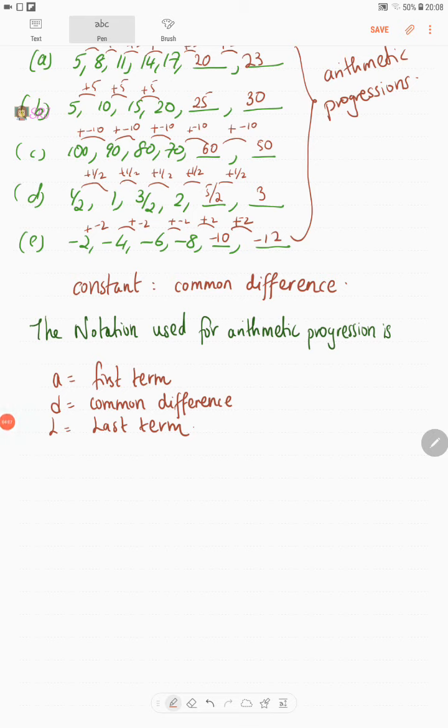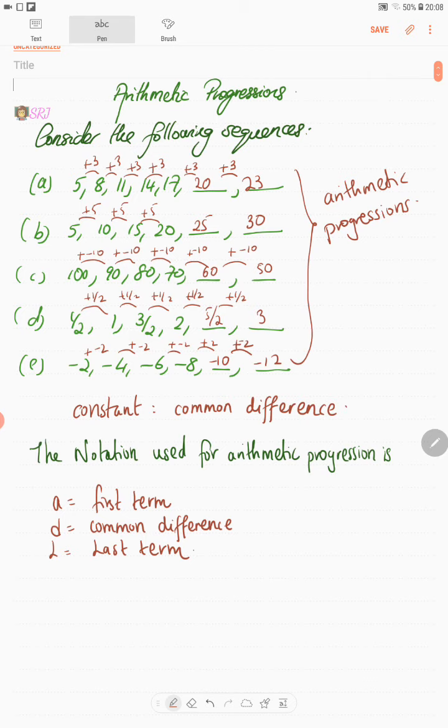So now we have the notation that is used for arithmetic progression. We have a, which denotes the first term, d, which denotes the common difference, and the letter l, which denotes the last term of the sequence. So in part A, a, that is the first term, is 5, and the common difference d is 3.